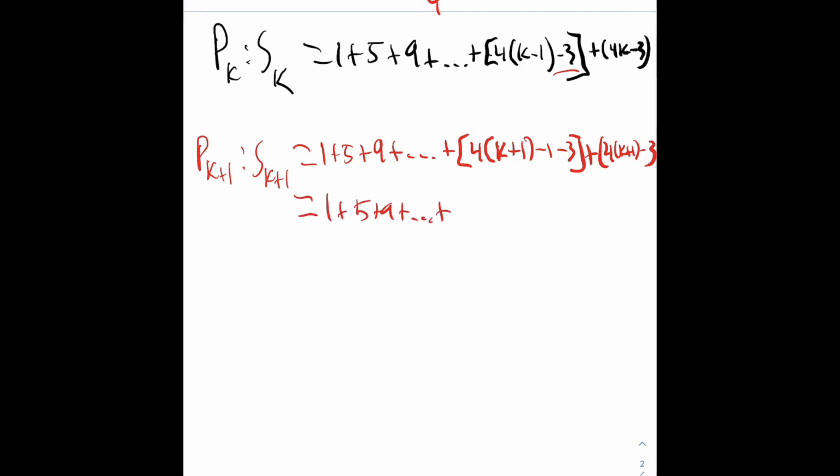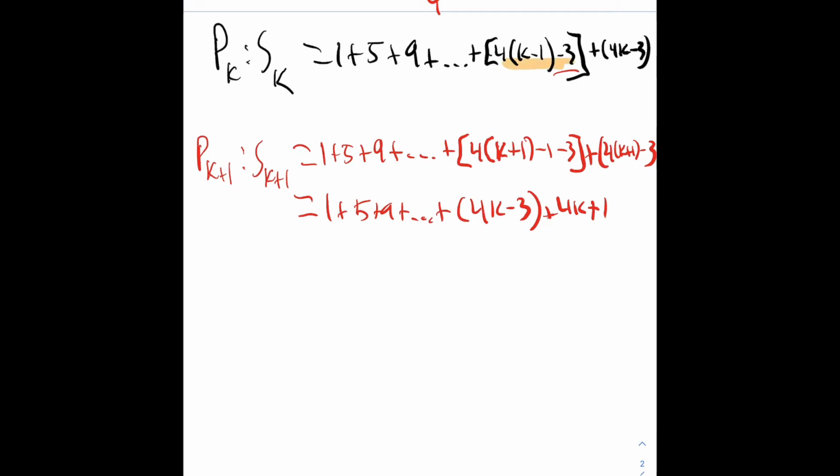So as I simplify, again, 1 plus 5 plus 9 plus, this is going to be 4K plus 4 minus 3, so I end up simplifying this to 4K plus 1.